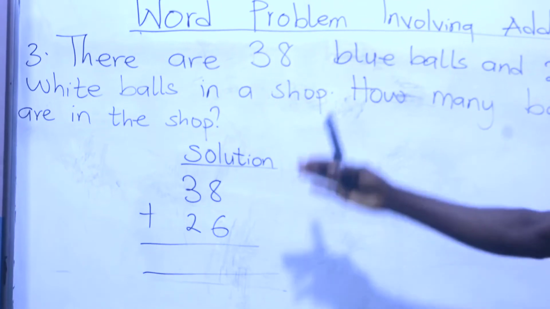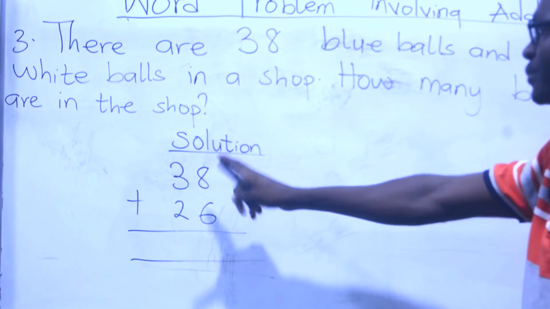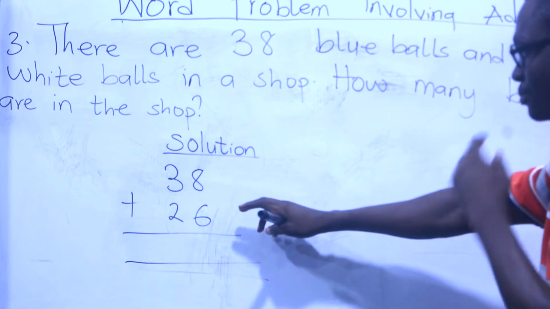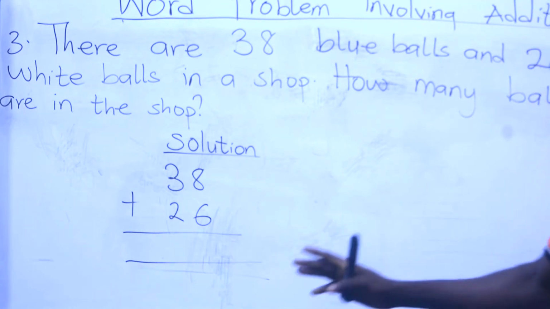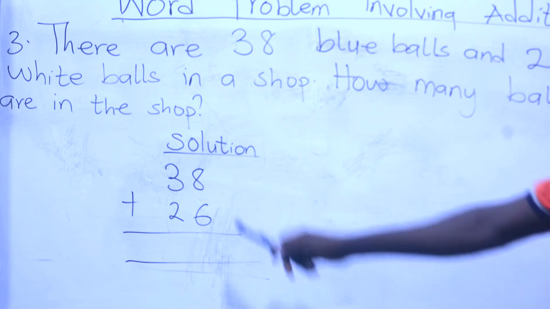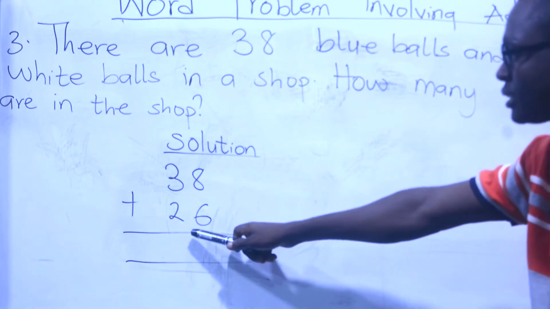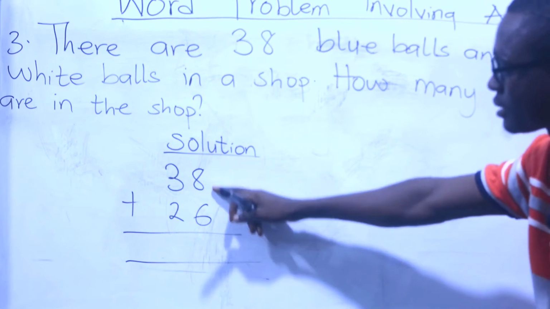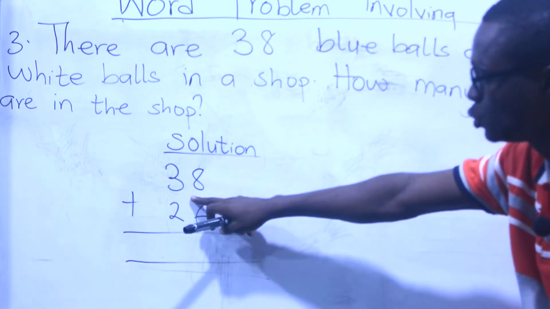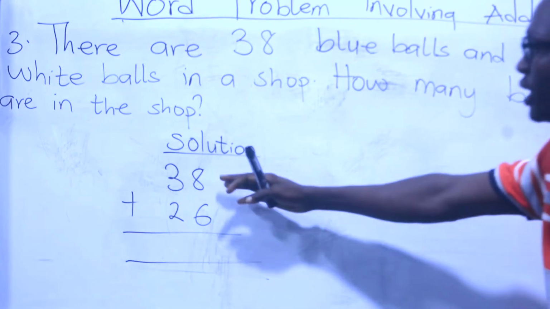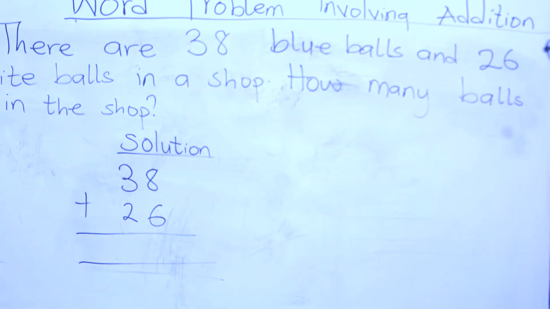Now look at this example here. The first one, the question wasn't like this. But when you look at this one, let's see. We have here 38, 26. When you look at this column here, we have 8 and 6. Here, 3 and 2. So let's add the 8 and 6 together.